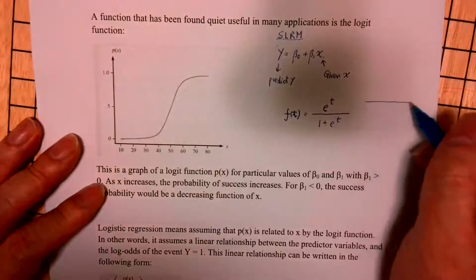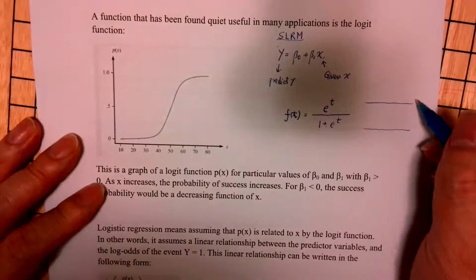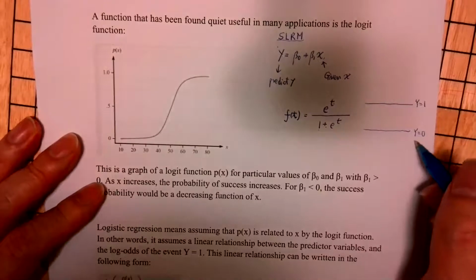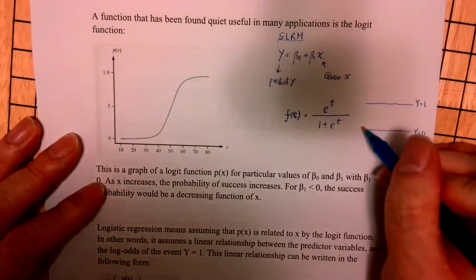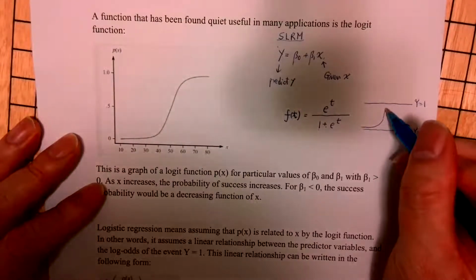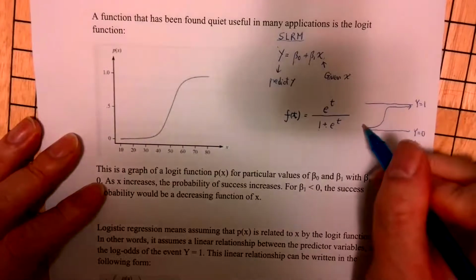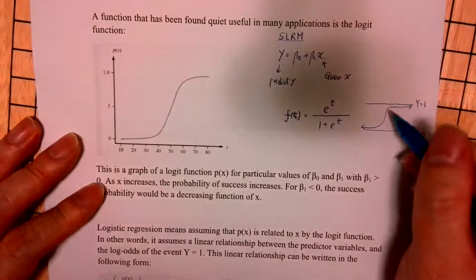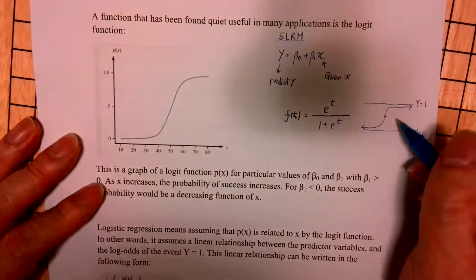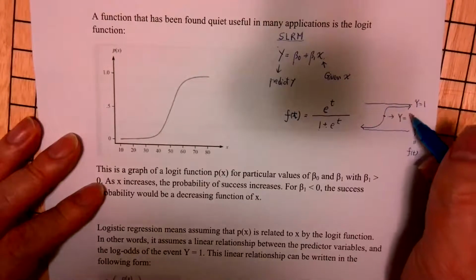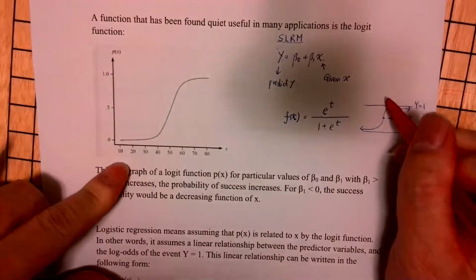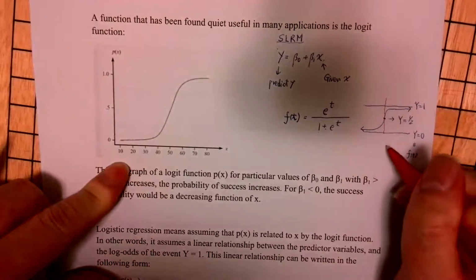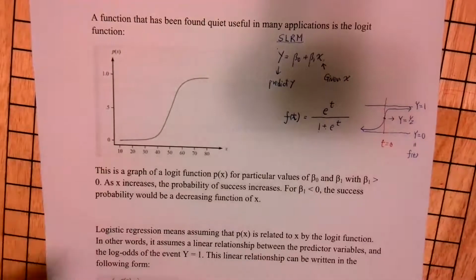This function will look like this, and this point here is y equal to 1/2, and this is t equal to 0. This is called a logistic function.